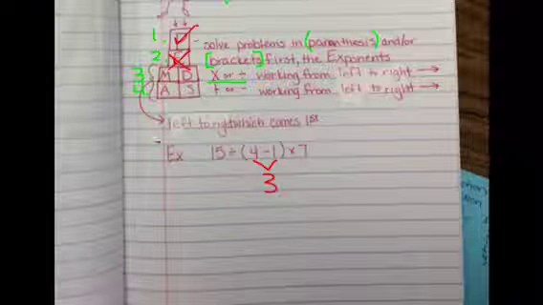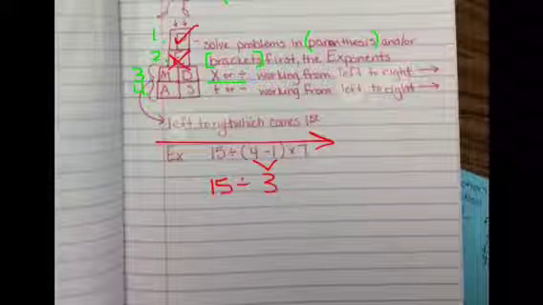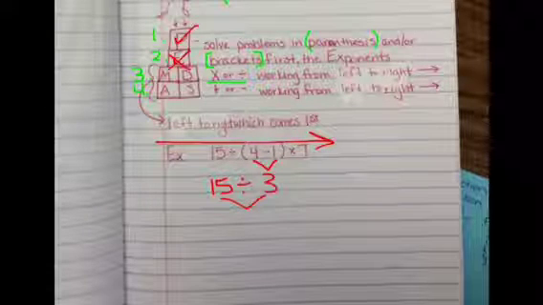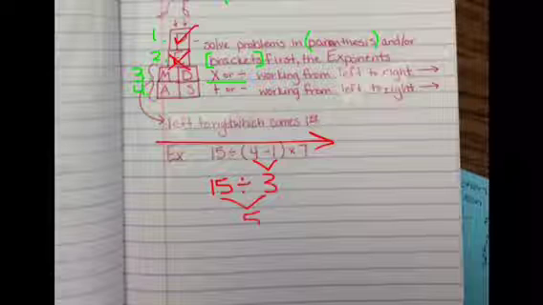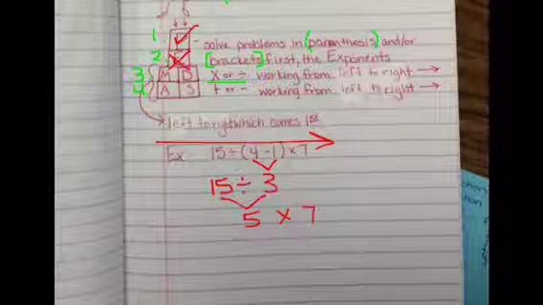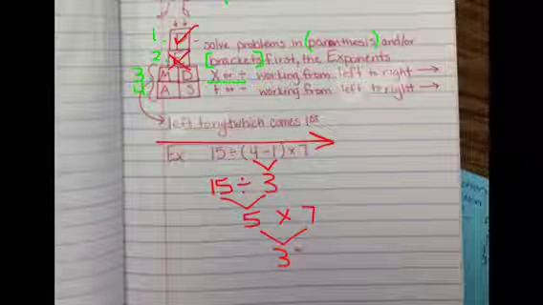So starting from the left to the right, you go across, you have 15 divided by 3. So we do our 15 divided by 3, that gives us 5, and we bring down our next operation. It's multiply, so 5 times 7 is 35.